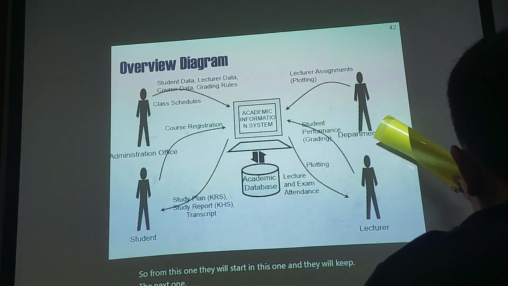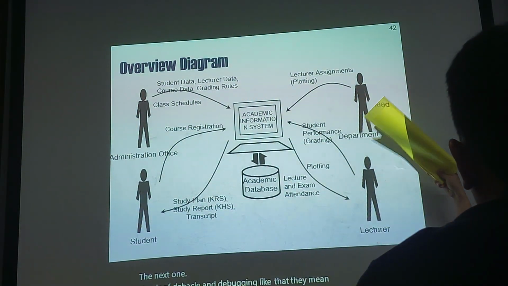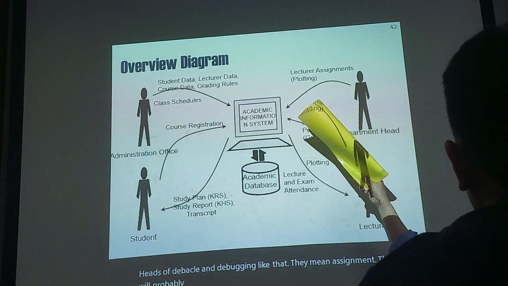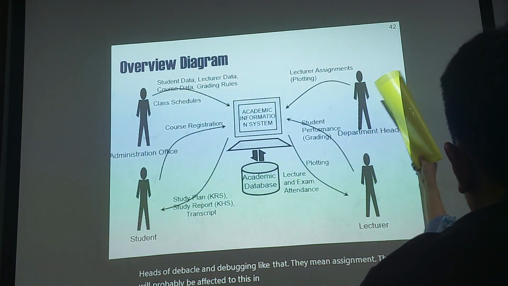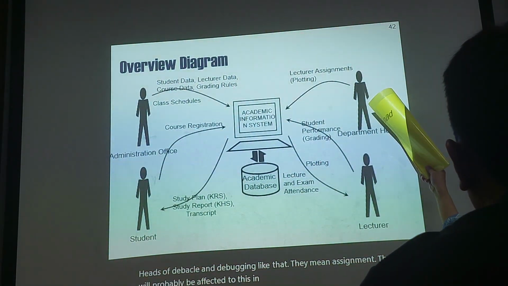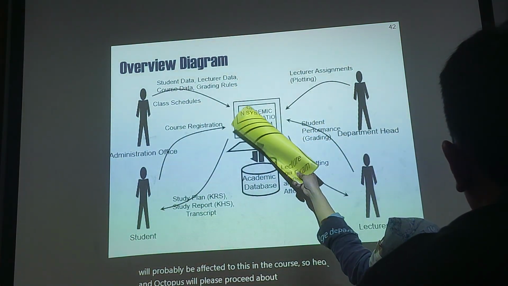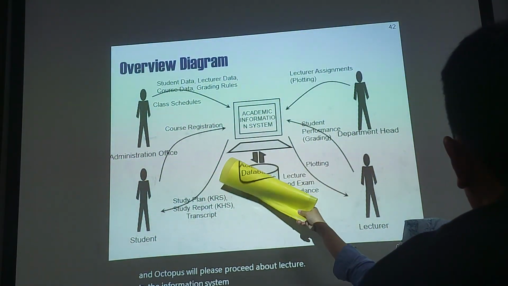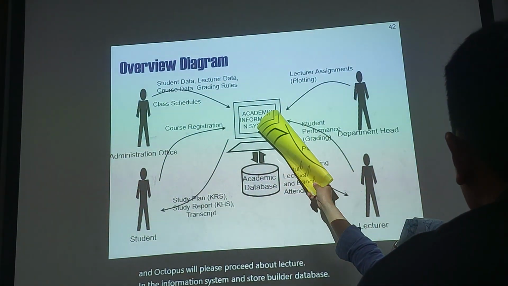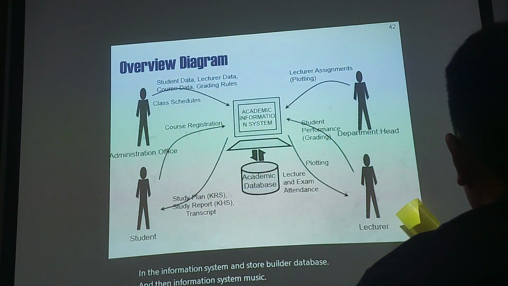The next one, the head of department. They will assign and plot the lecturers to teach in the courses. So the head of department will plot the lecturer assignment in the information system, stored in the database, and then the information system will give the assignment plotting to the lecturer.